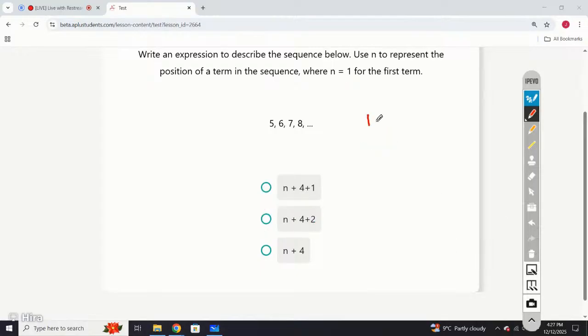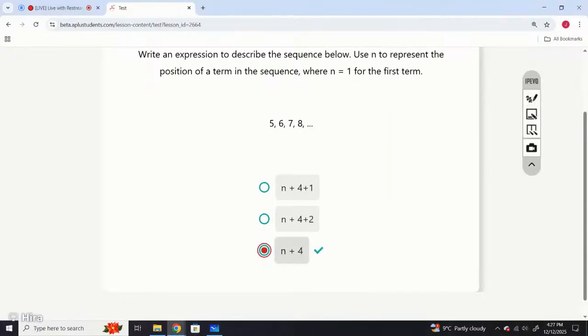So that is 1 plus 4, 2 plus 4, 3 plus 4 and 4 plus 4. That is n plus 4. Option number 3 is the correct option.